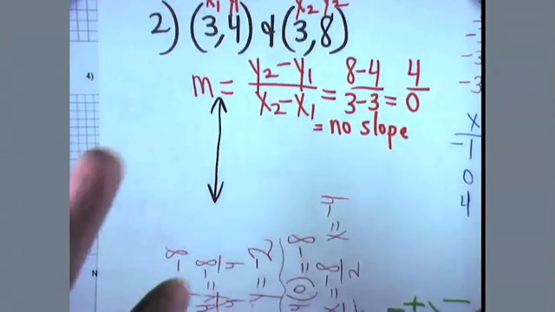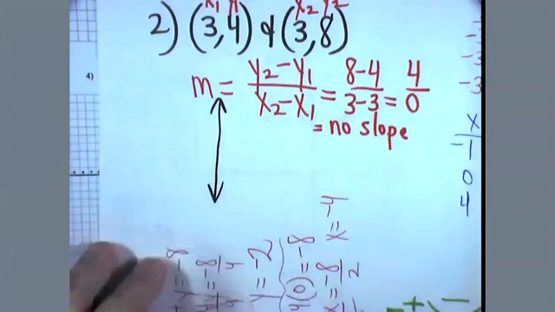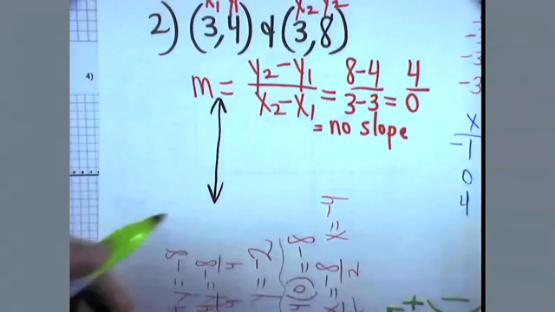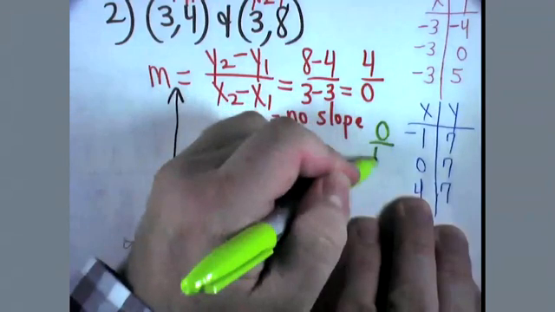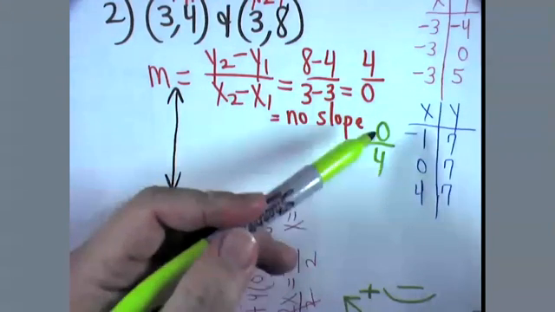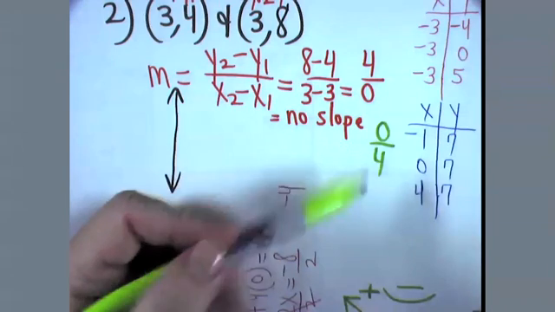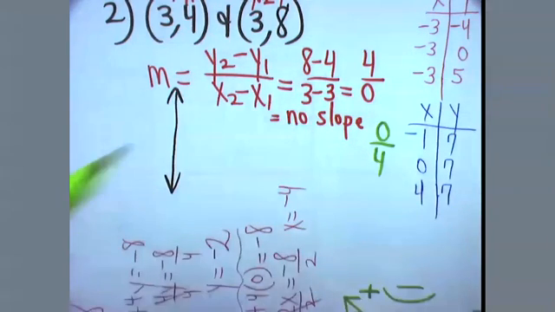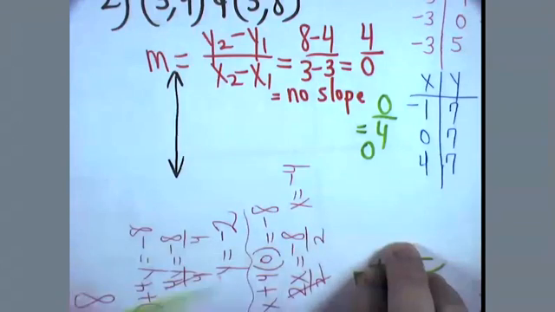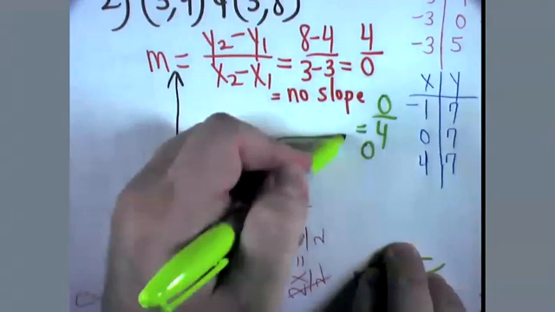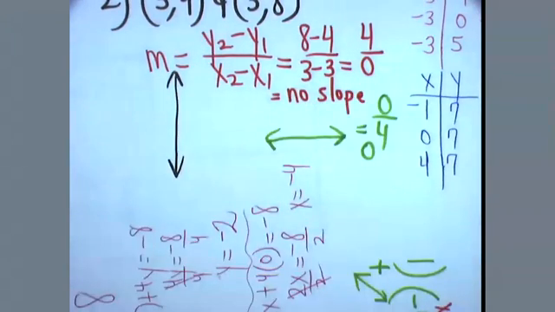What if it was the other way around? Well, if it was the other way around in our problem and 0 was on top and our denominator was just a number, then that is equal to 0. And that would indicate a horizontal line.